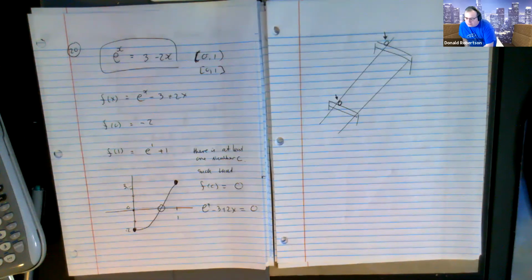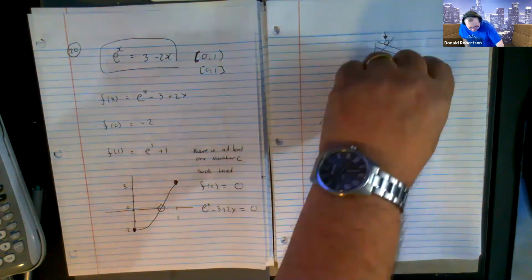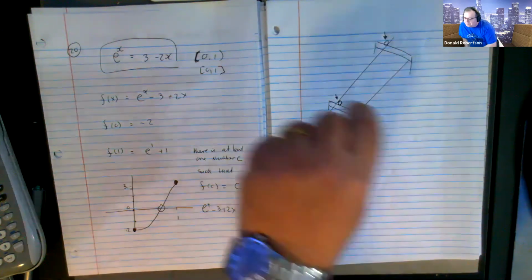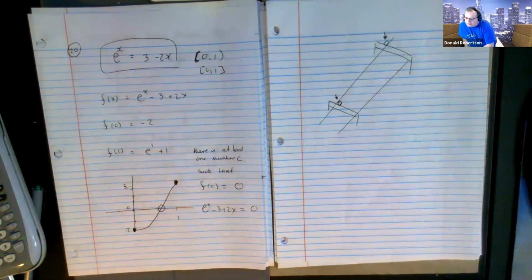Now, because cars drive at a continuous speed, and you know the distance and you know the time, can't you find the average speed from here to here? And if your average speed is higher than the speed limit of the road, you must have, at least at one point in time, broken the speed limit.